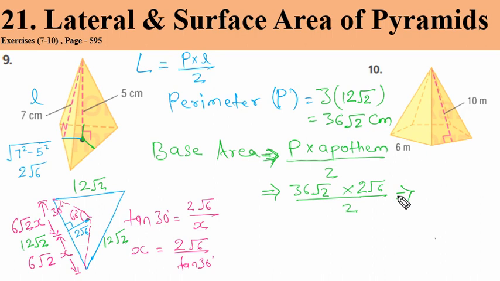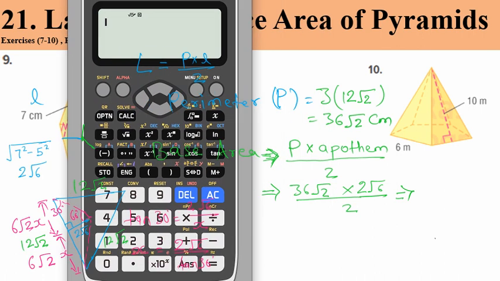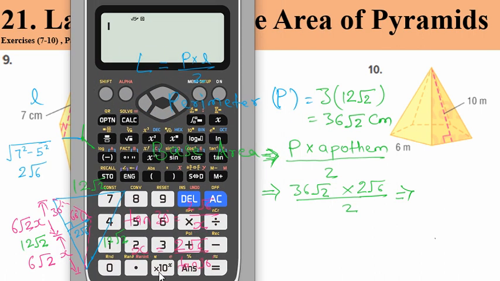124.70. Okay, let me show you how to do it in the calculator. So you just have to write as it is, as I wrote here, 36 square root 2. Now multiply with 2 square root 6, equal, divide by 2, and you will get 124.707.